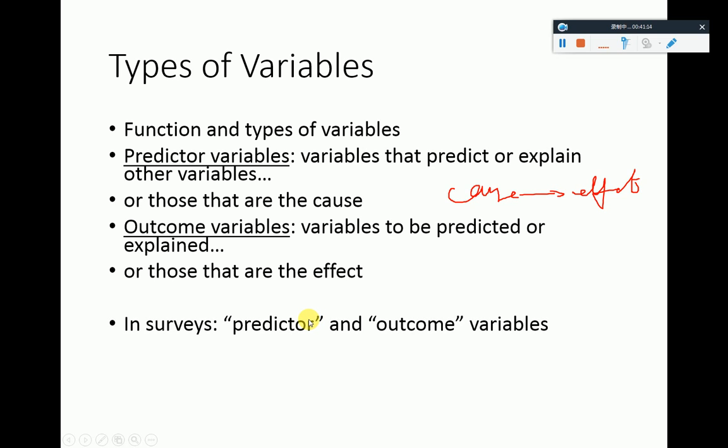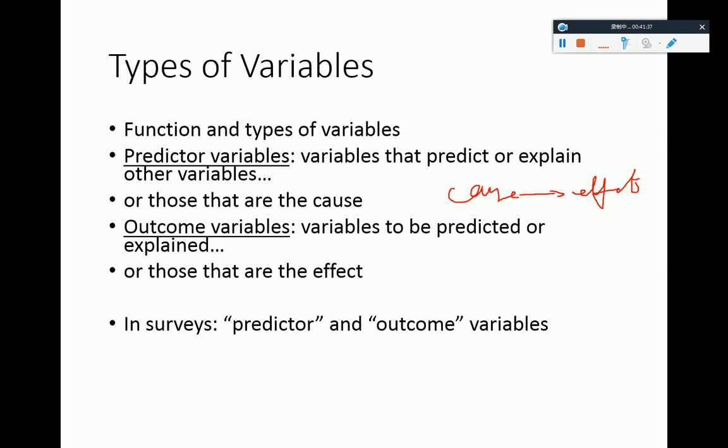Again, let me introduce you to some kind of convention here. Later on, we'll talk about different types of research designs. Actually, in lecture one, we talked about two different types of study designs: surveys and experiments.